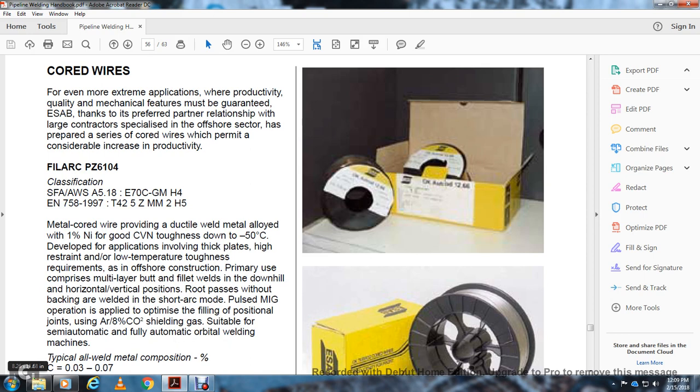It is developed for applications including thick plate, high restraint and low temperature toughness requirements of offshore construction. It is used for multi-layer butt and fillet welds in downhill, horizontal and vertical positions. Root passes without backing are welded in short arc mode with pulse MIG, and the filling positions are welded using argon with 8% carbon dioxide shield gas. It is suitable for semi-automatic and fully automatic orbital welding machines.